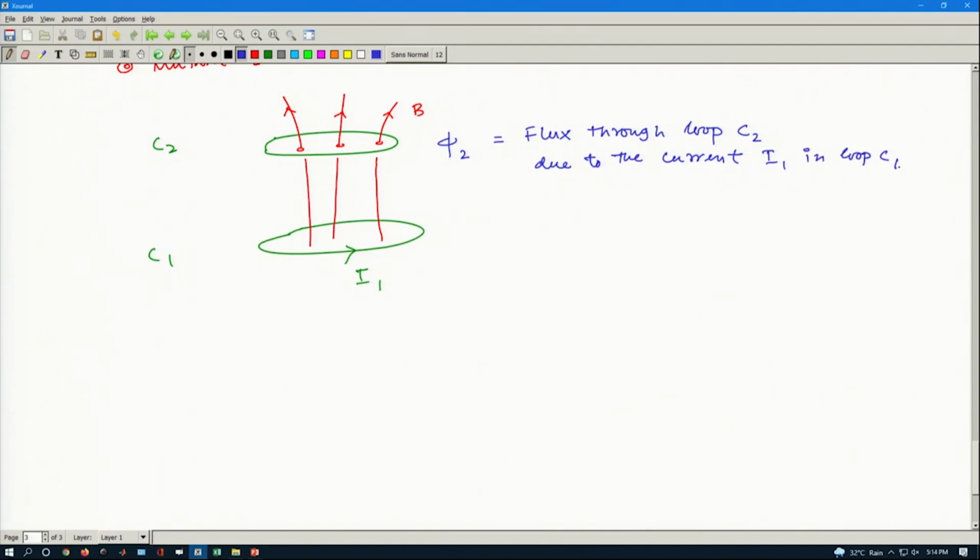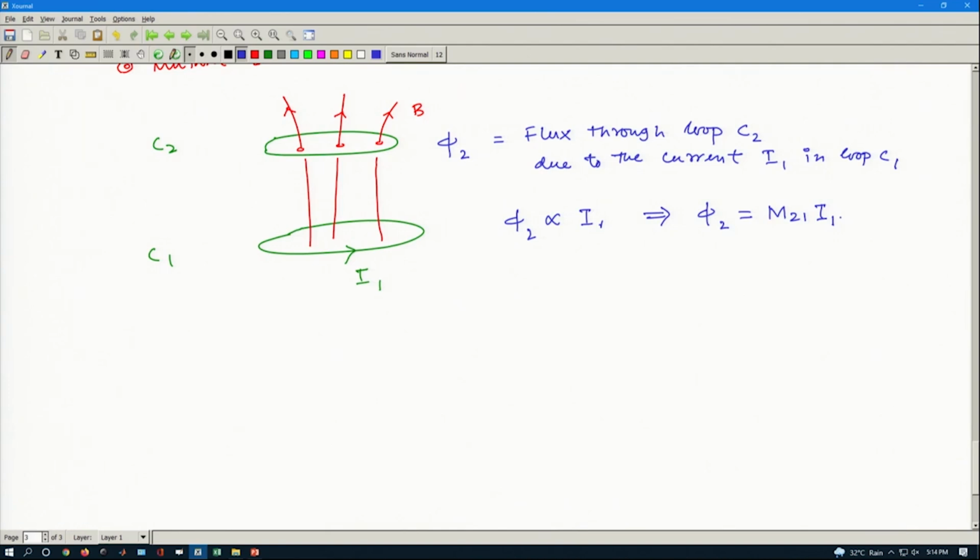So, phi 2 will be proportional to I1, and that gives rise to a proportionality constant, and I can write that phi 2 is equal to M21 I1.